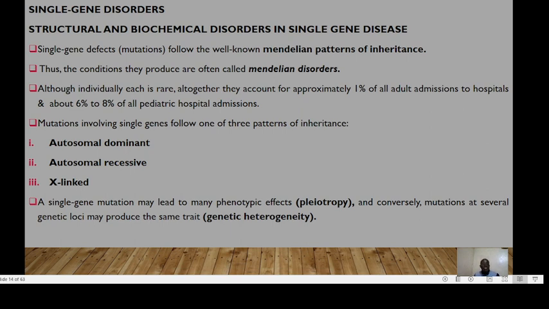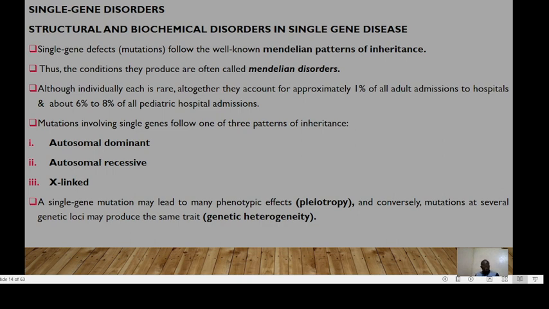Although individually each is rare, altogether they account for about 1% of all adult admissions to hospitals and about 6 to 8% of all pediatric hospital admissions. Mutations involving a single gene follow one of three patterns of inheritance, which could be autosomal dominant, autosomal recessive, or X-linked.